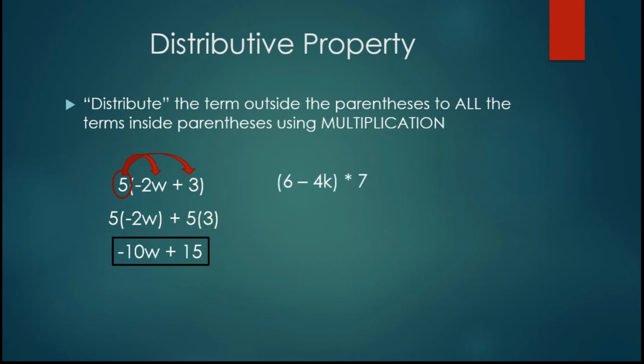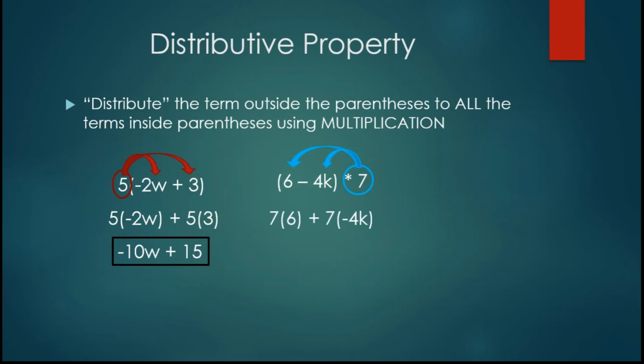So another one, this one looks a little bit different, but it still has a number that is outside parentheses that's being multiplied by everything in parentheses. So even if it's behind, that still works. We take that 7. Now you won't always have a multiplication sign in between. Sometimes it'll be side by side with those parentheses. And we distribute it to every part of what is inside.